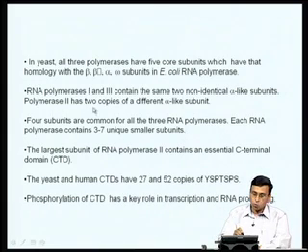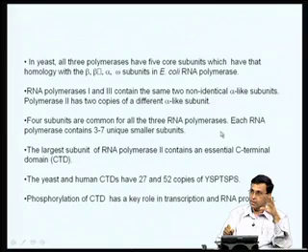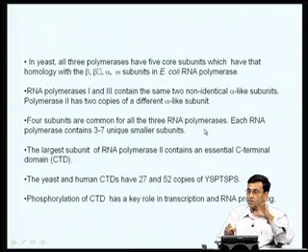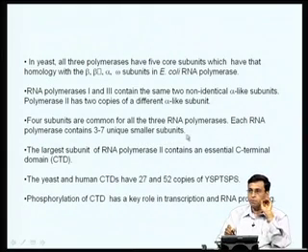RNA polymerases 1 and 3 contain the same 2 non-identical alpha-like subunits, whereas polymerase 2 has 2 copies of a different alpha-like subunit. 4 of the subunits are common to all 3 RNA polymerases, and each of these RNA polymerases has at least 3 to 7 unique smaller subunits.